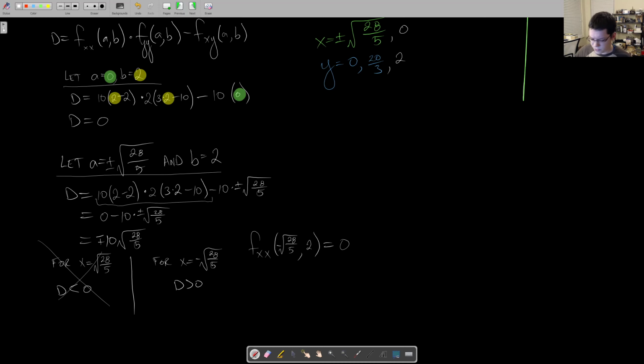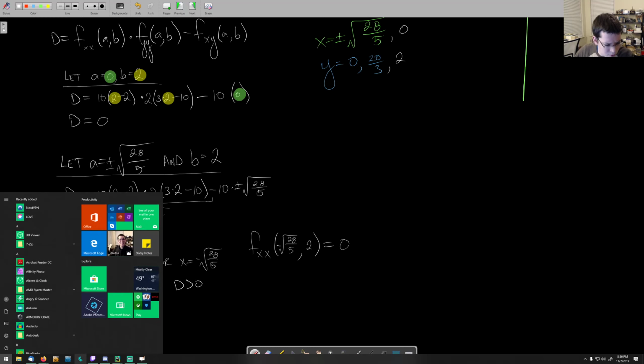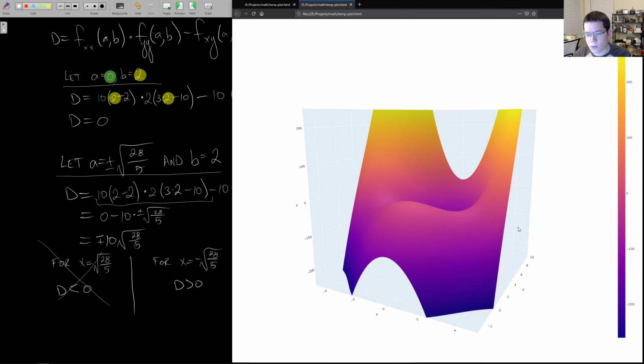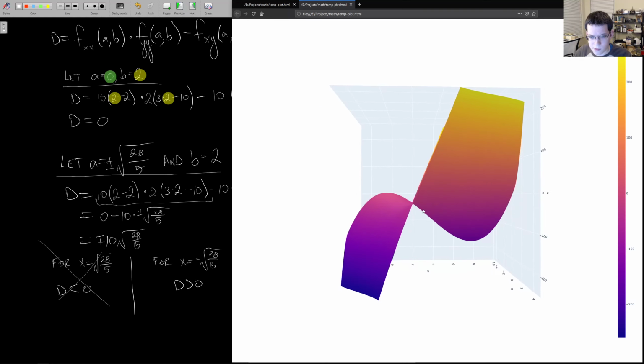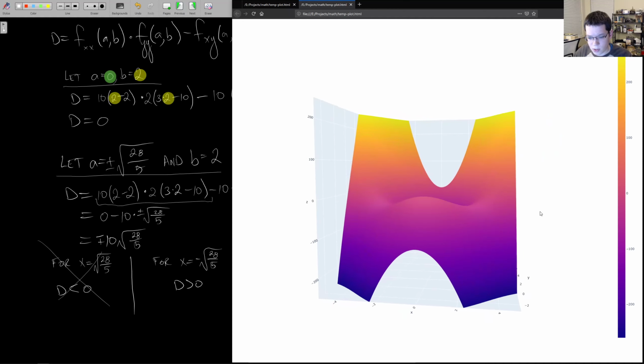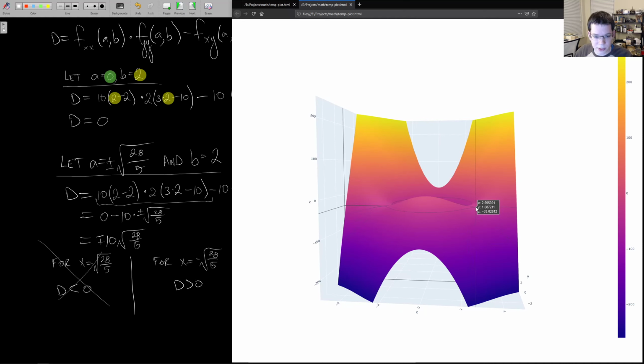Is that right? Because that's at y equal to 2. And this way is probably the square root of 28 over 5.